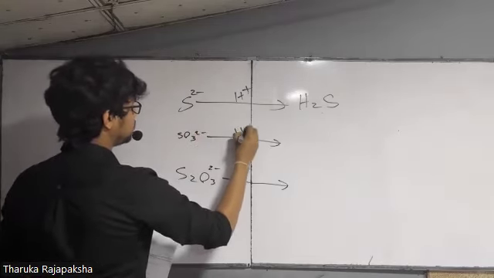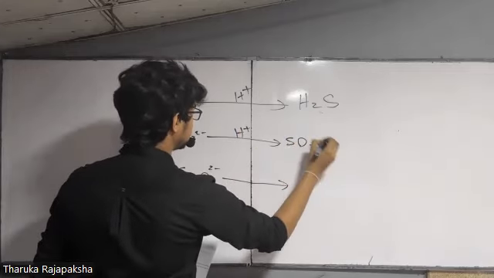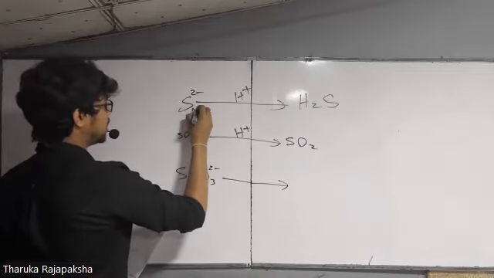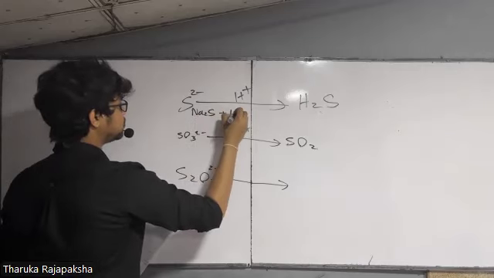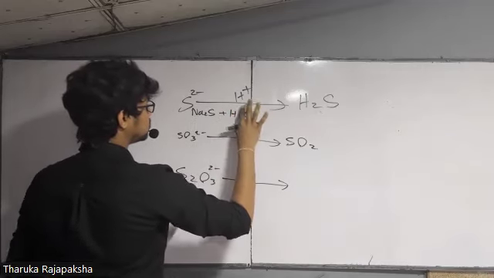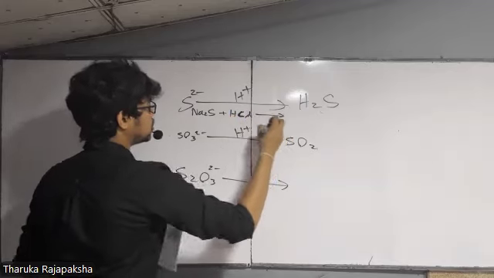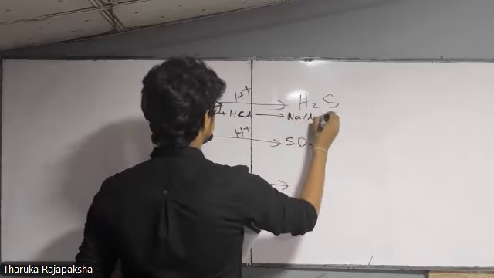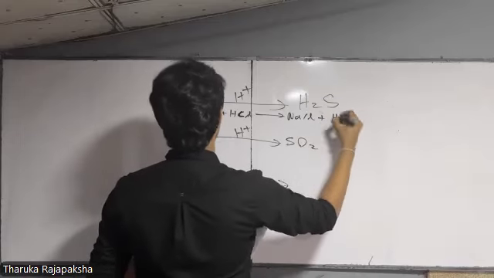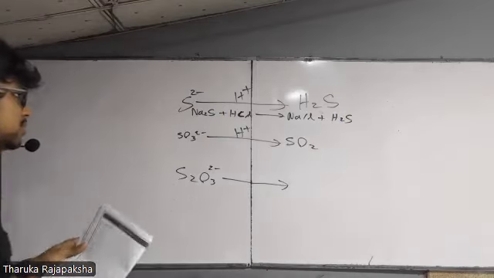SO3 2 minus with H plus gives SO2. For example, Na2S plus HCl gives NaCl plus H2S.